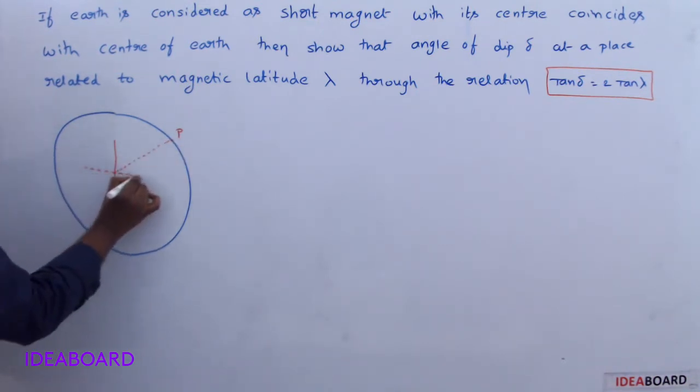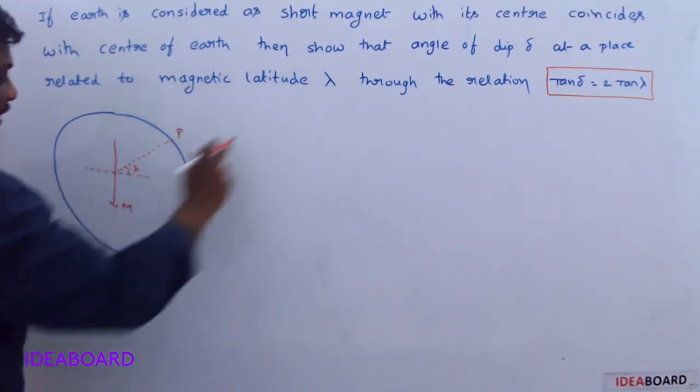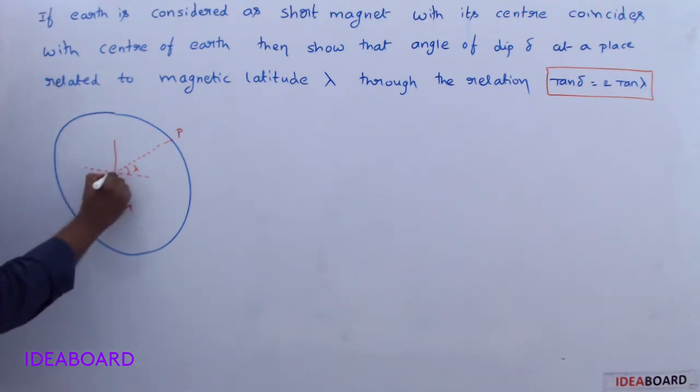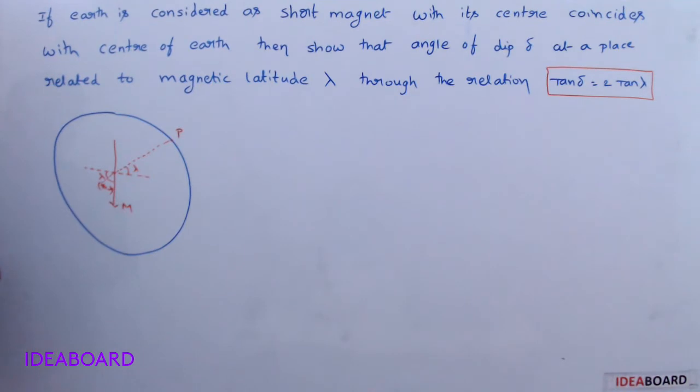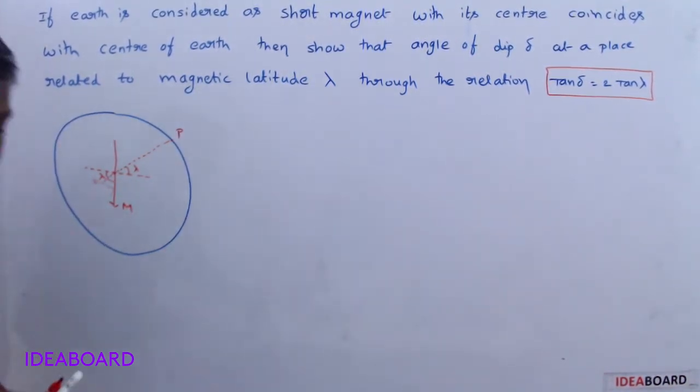This is the magnetic latitude lambda. If this is lambda, this is also lambda, and this angle becomes 90 minus lambda.